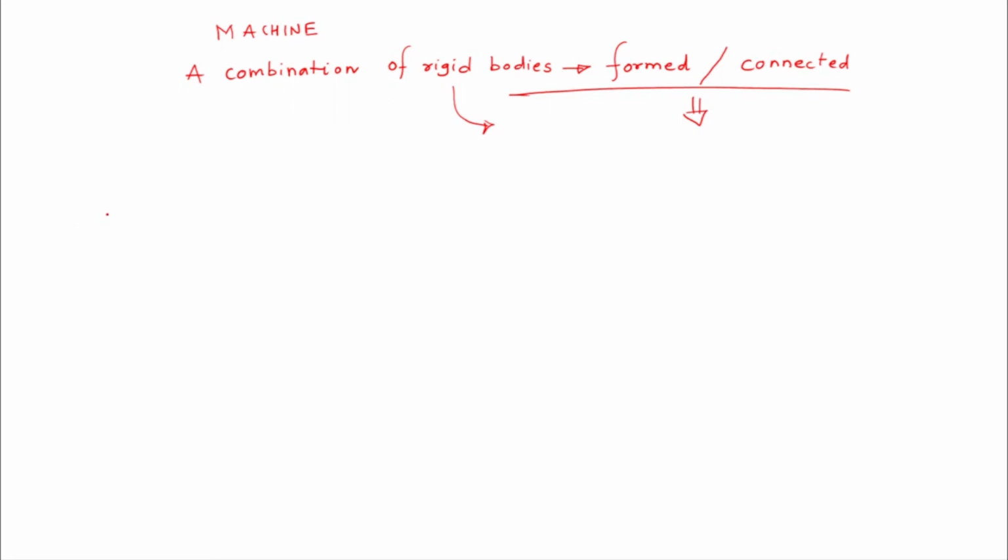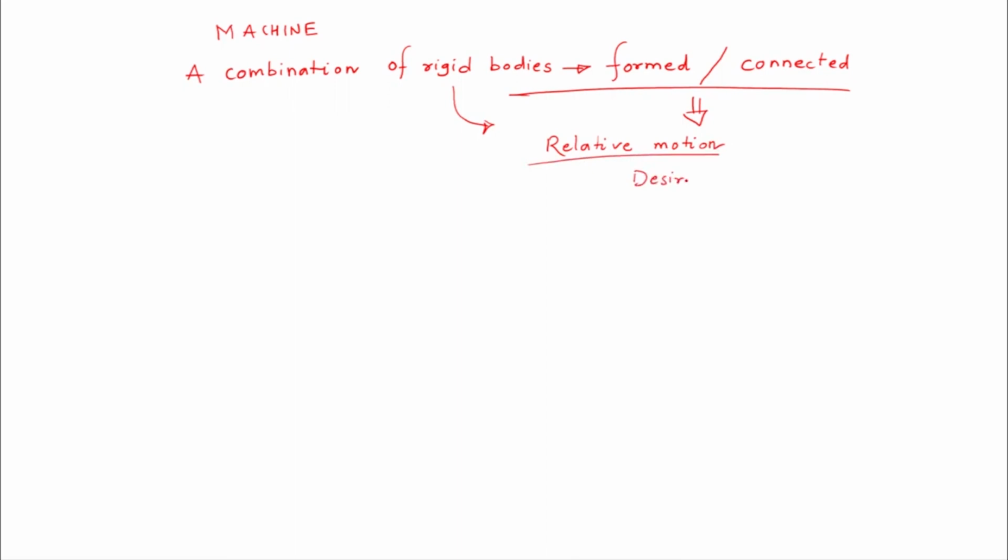The machine can be defined as a combination of rigid bodies which are formed or connected together to get the relative motion among each other. And this relative motion is the desired one.